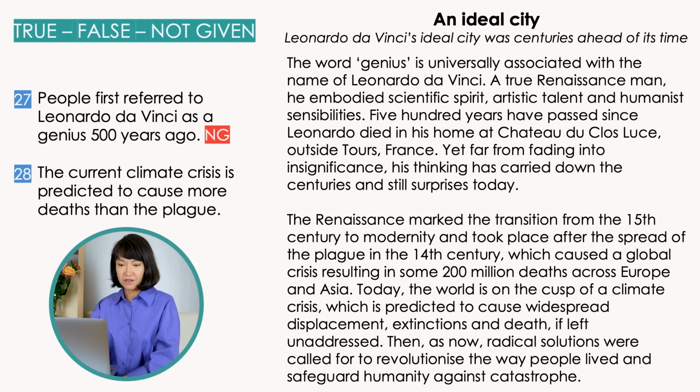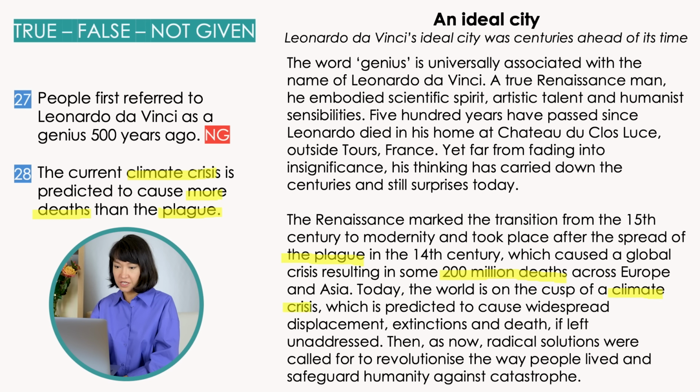The current climate crisis is predicted to cause more deaths than the plague. And we can read about the plague here, and it caused 200 million deaths. Terrible. What about the climate crisis?